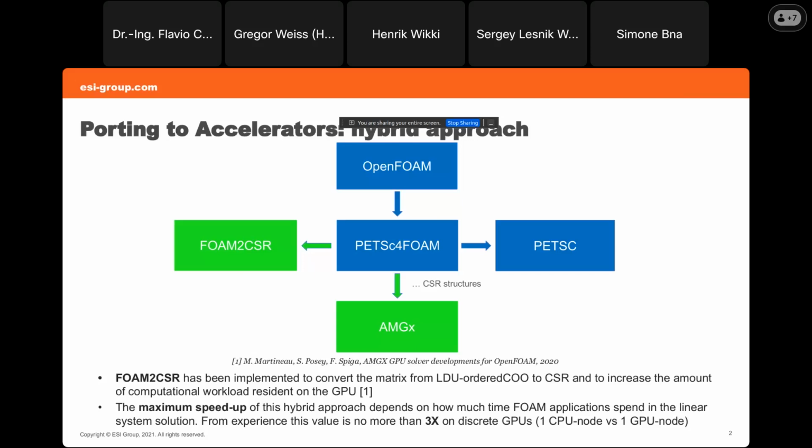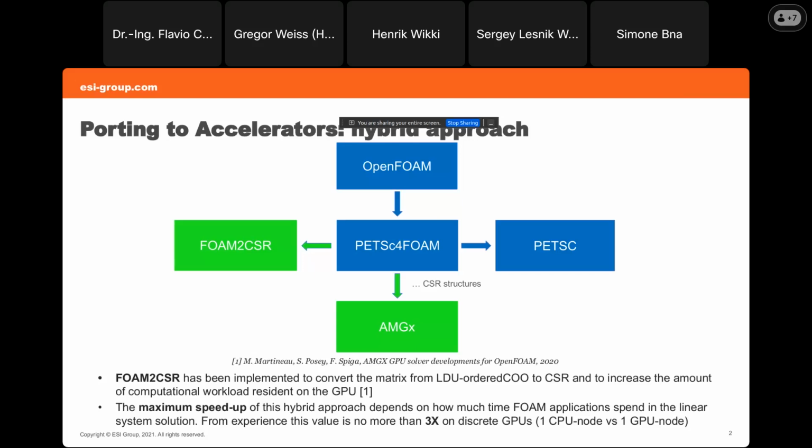This is accomplished by using two libraries. One is Petsc4Foam, which works as an interface, a middle layer between OpenFOAM and PETSc, or in general PETSc and other third-party libraries.